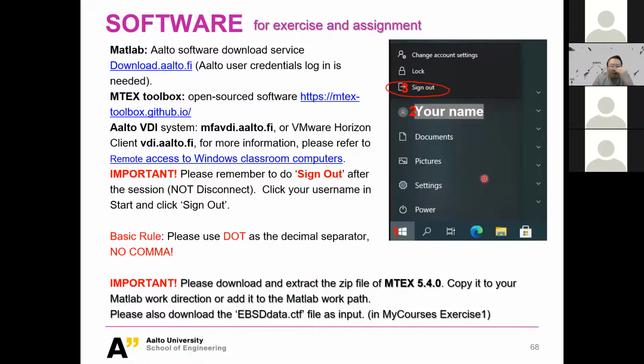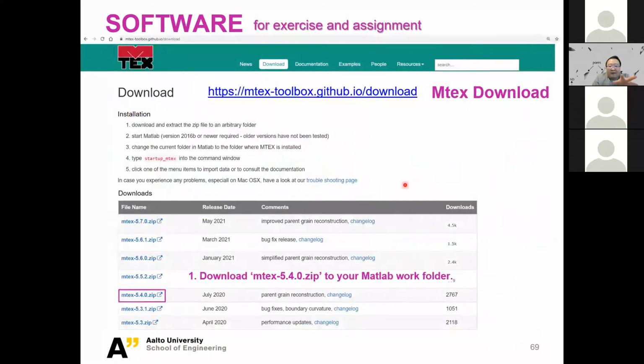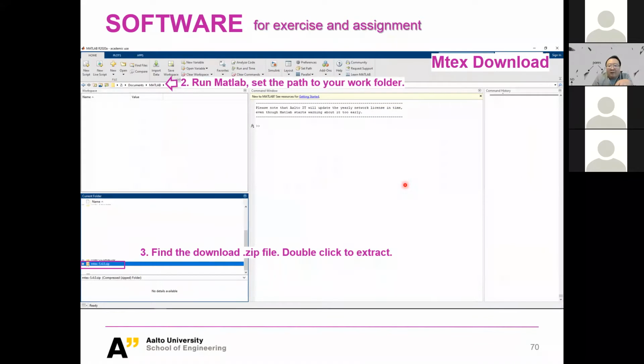These slides prepared by Ms. Wenqi Liu are giving you step-by-step instructions on how to get those software installed on your computer. If you don't install it, you can also use a remote desktop from Aalto to directly use it, at least for MATLAB, but you need to get something for MTEX, which is a toolbox on MATLAB. These are basically the instructions for how to do that. Pretty simple, maybe just a few minutes for you to get it done, but try to get there. We don't need to waste time on Thursday to get you figured out on this.